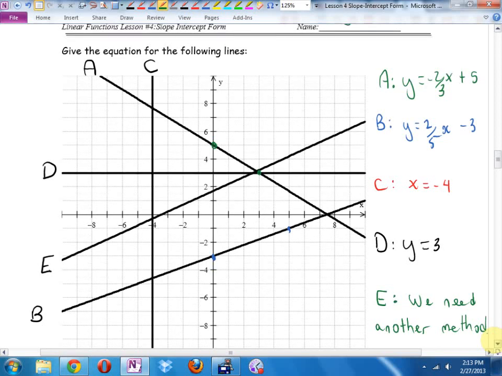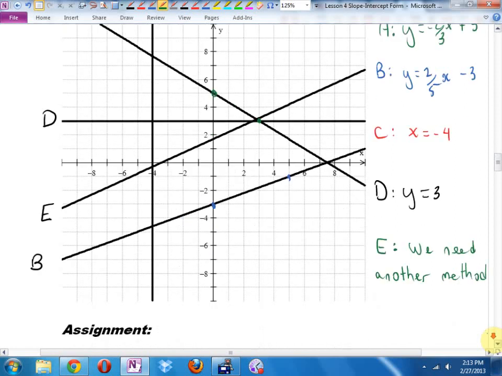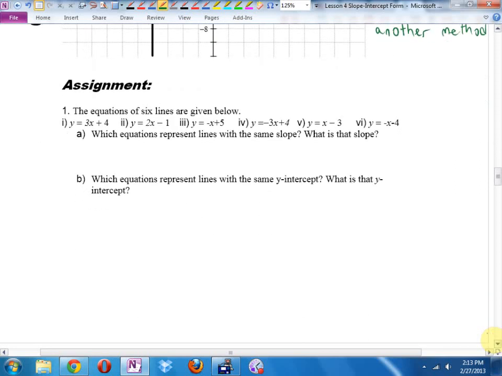But if the intercept is not a decimal, it's kind of paint by numbers, plug and chug, fill in the blanks. Slope-intercept form. Very nice. What's your homework? Number 1.